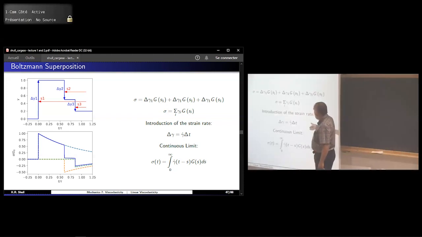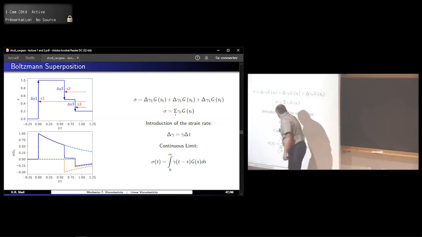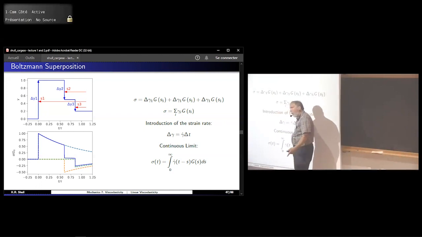And if I want to do this in the continuous limit, I just integrate all these effects. I start here at the current time that I'm interested in, and I integrate backward in history. So that's what is going on here. S is a variable, how long ago this was. T is my current time that I care about.